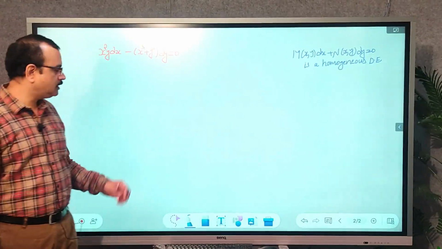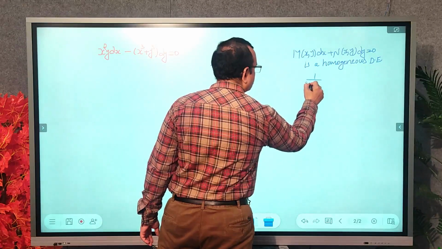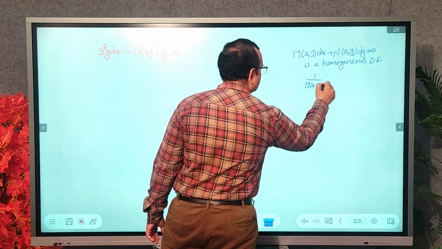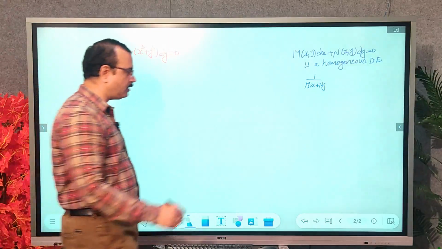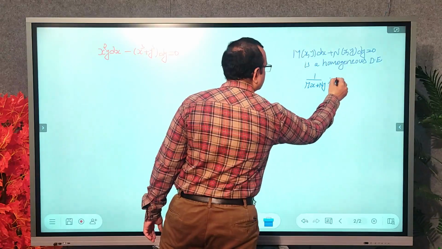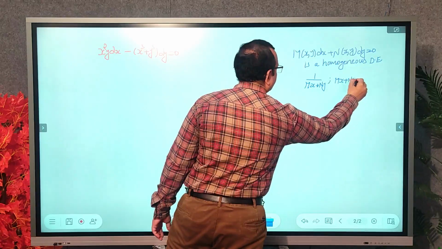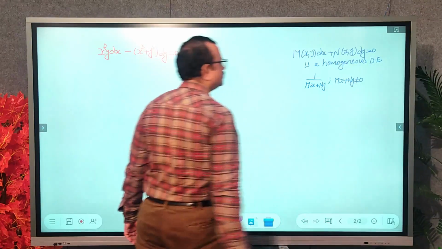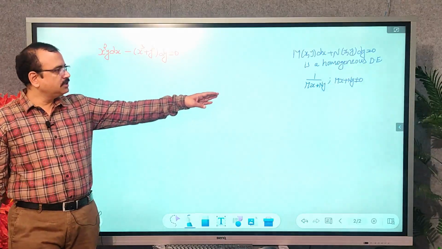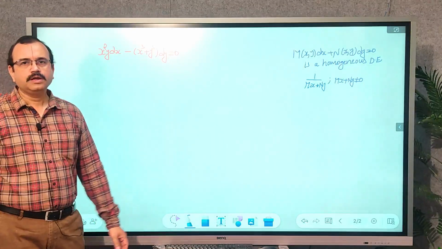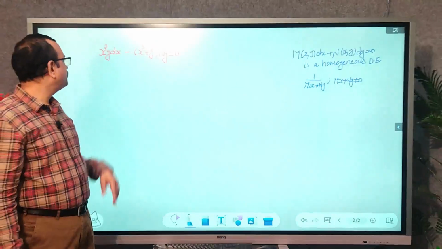Then we can say that 1 by Mx plus Ny is an integrating factor. Undoubtedly we can take the integrating factor as 1 by Mx plus Ny, provided Mx plus Ny is not equal to 0. So if we can identify that the given DE is a homogeneous DE, then the integrating factor is of the form 1 by Mx plus Ny. We will discuss that concept with the help of one example.